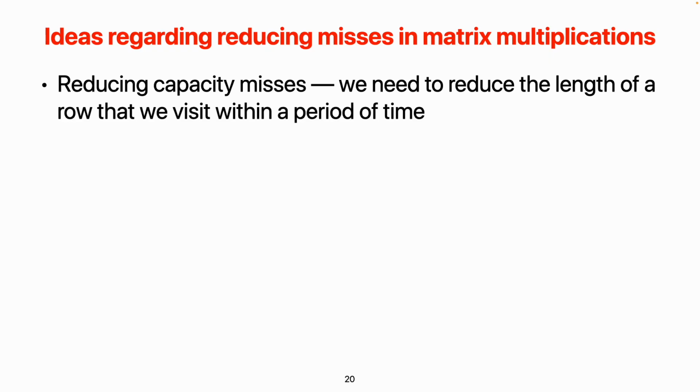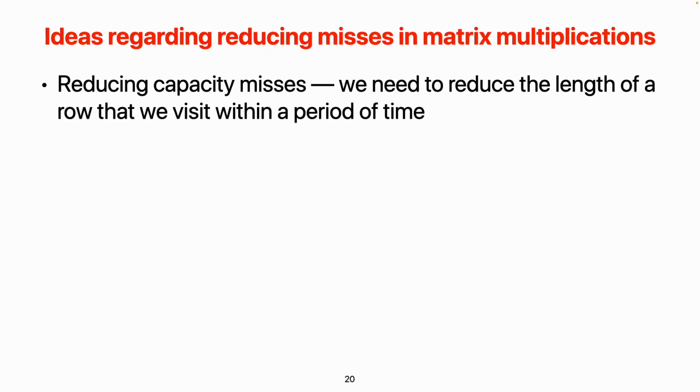So the thing is that if we really want to reduce the capacity misses, we have to think about if there is a way we can reduce the amount of data that we have to visit in a short period of time. Remember the definition of capacity miss?